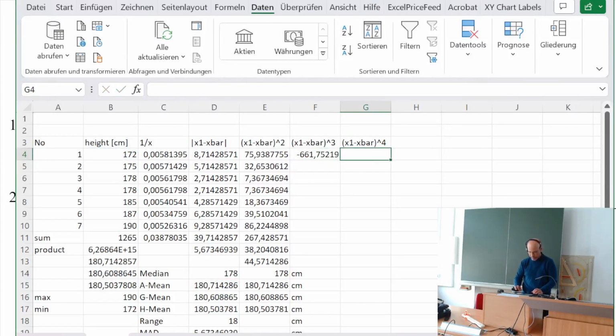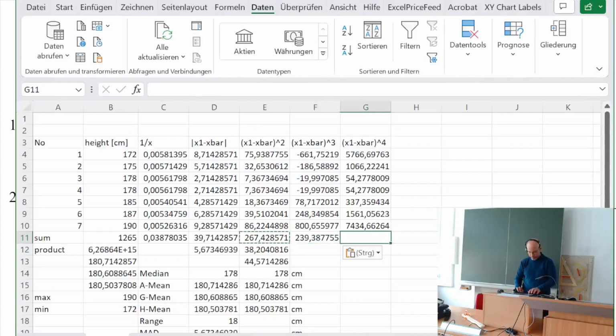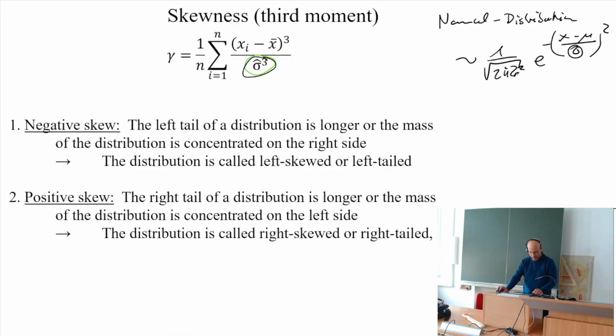Third and fourth, and always the sum, and divided also by n.